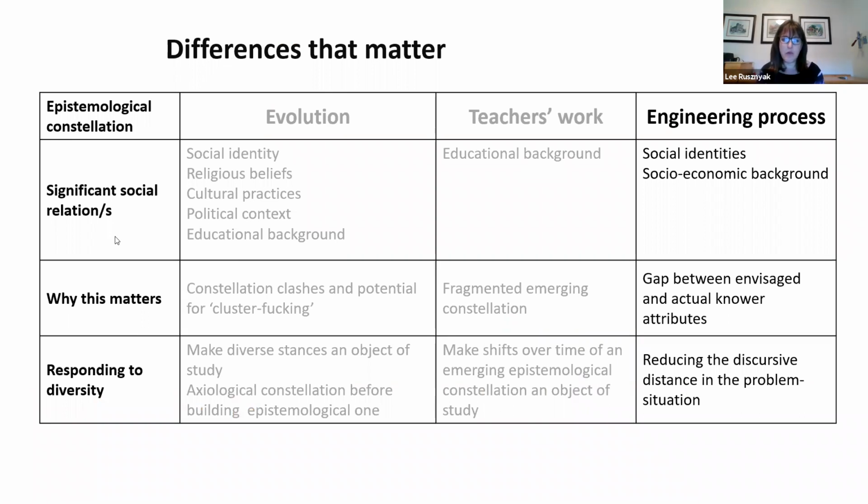And why it matters is the gap between the envisaged and the actual knower who's in the class, and to try and reduce that distance in the problem situation, so that all students not only have access to the epistemological constellation of the engineering approach, but also start seeing themselves as valid knowers in that space.